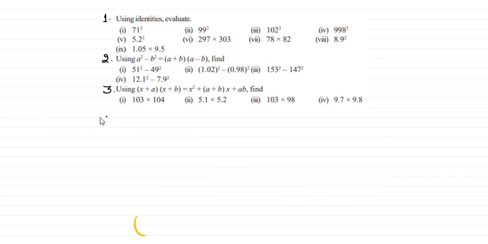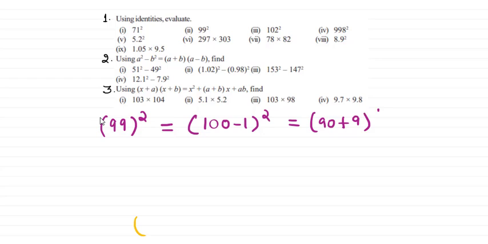Same way, if you have to find the square of 99, just break it into simpler numbers. If you take 90 plus 9, you can do that, but it will become a little complicated. So you can do 100 minus 1 also. And if you like adding, then you can also break it as 90 plus 9 whole square. Any way you can do. Here I'm doing it with 100 minus 1 square.